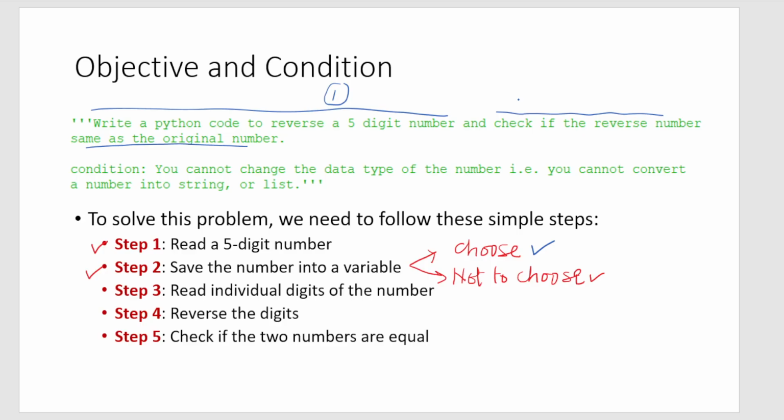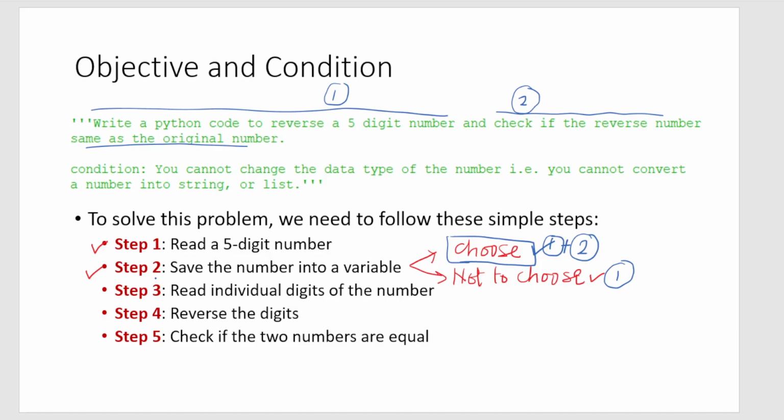If you are just working on the first part, yes, you can opt not to choose it. But if you are going to do the first part and the second part together, then you have to choose this option of saving that number into a new variable. We will see how it actually works.